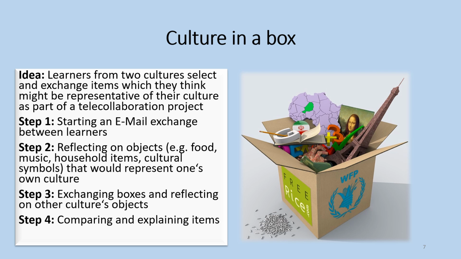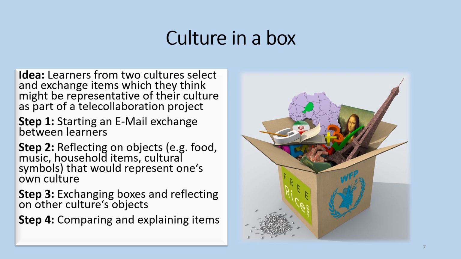During the second stage, each group reflects on their own cultural practices. In this case, they would have to think about specific objects which might represent their own culture. For example, typical household items, cultural symbols, or food items. All objects are collected and put into a box, which is then sent to the other learners.